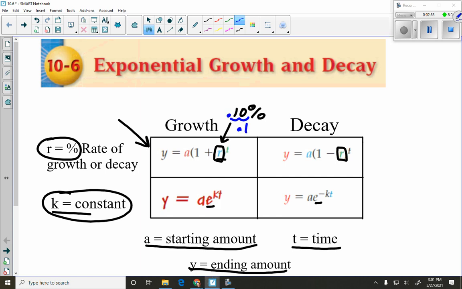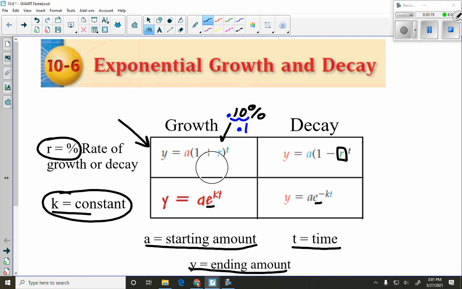So 0.1 is the same thing as 10%. Don't forget to do that. So if you put a 0.1 in for R, you're going to keep 100% of your money plus the 0.1 extra for interest. That's the idea behind this.